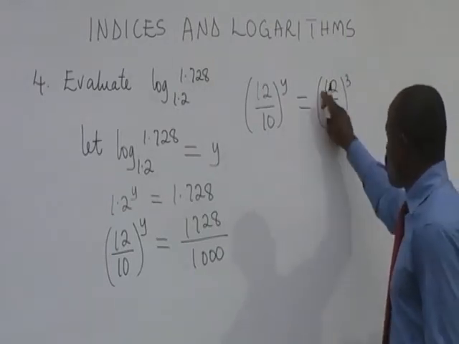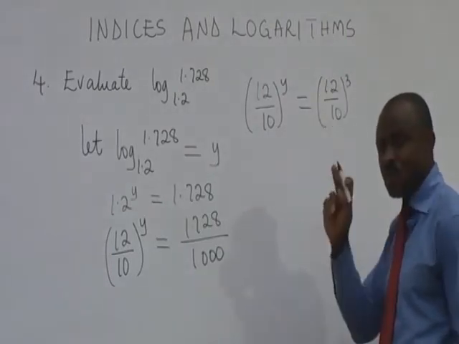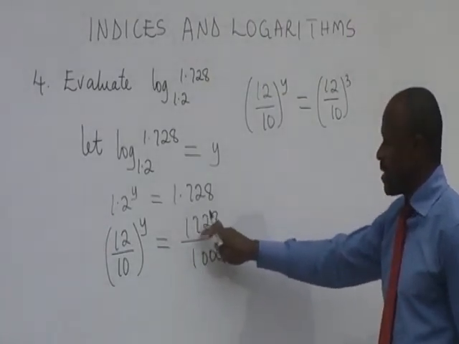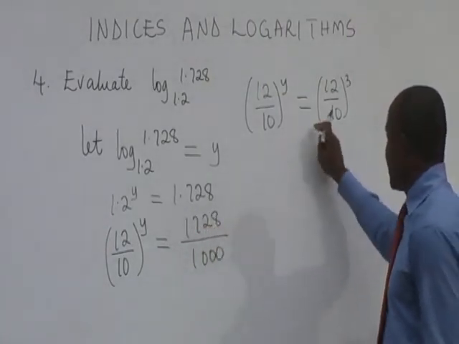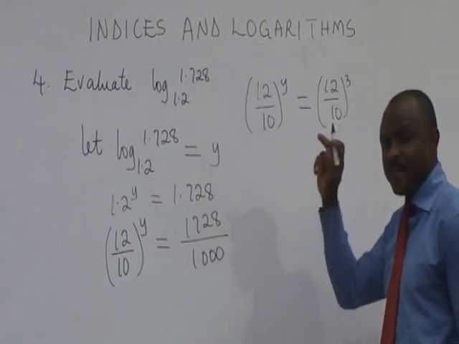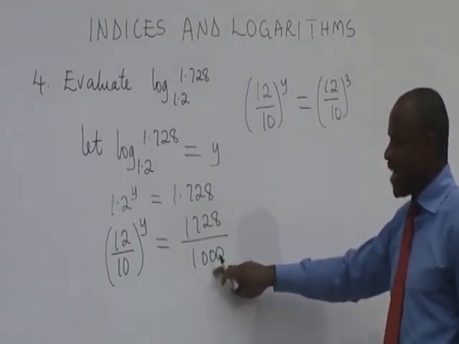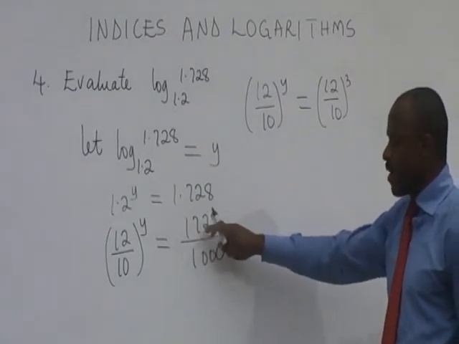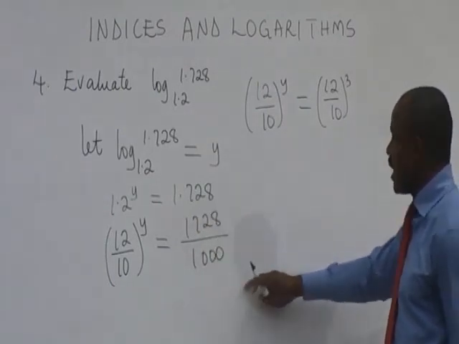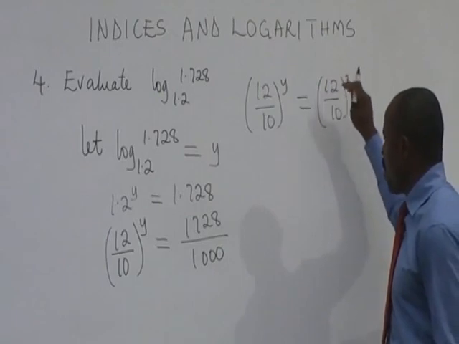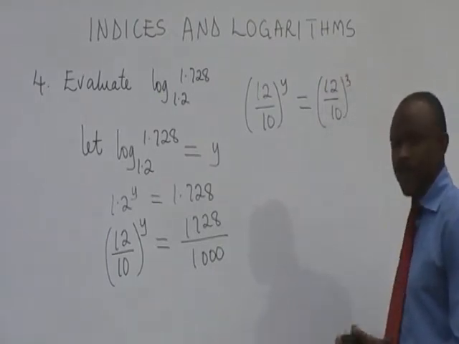Because 12 times 12 times 12 is 1728, and 10 times 10 times 10 is 1000, that was why we now exchange 1728 divided by 1000 into 12 all over 10 exponent 3.